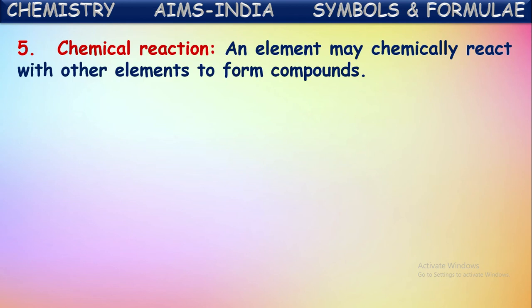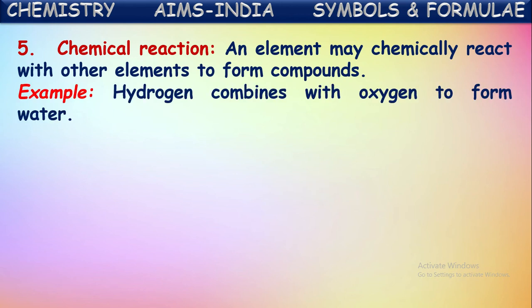Then chemical reaction. An element may chemically react with other elements to form compounds. Yes, elements react chemically with other elements to form molecules and compounds. For example, hydrogen combines with another element, oxygen, to form water.